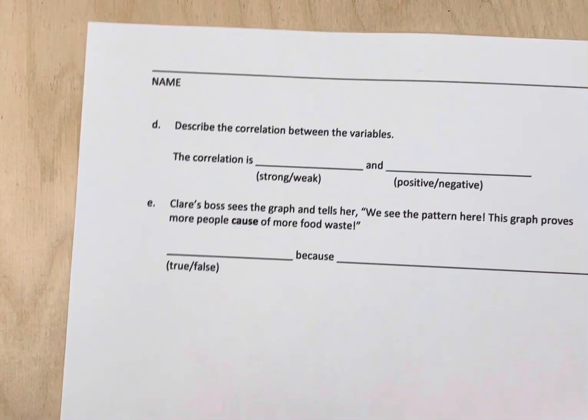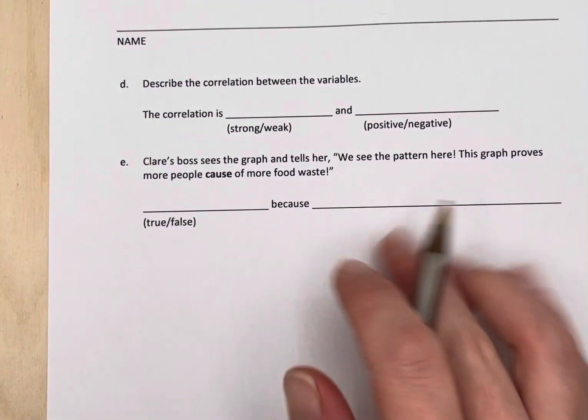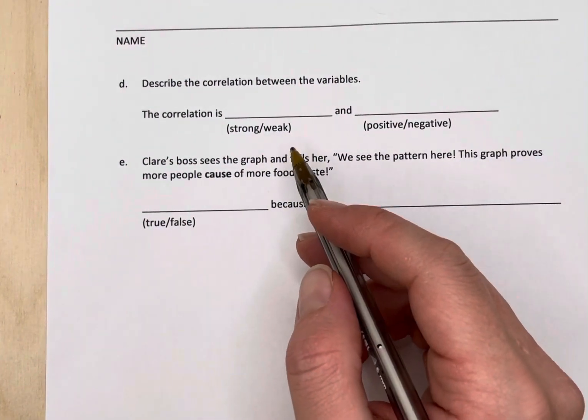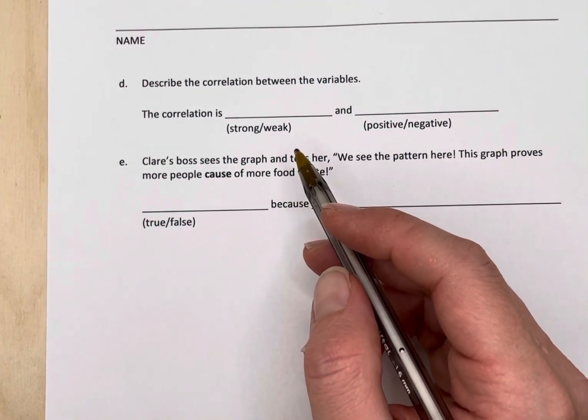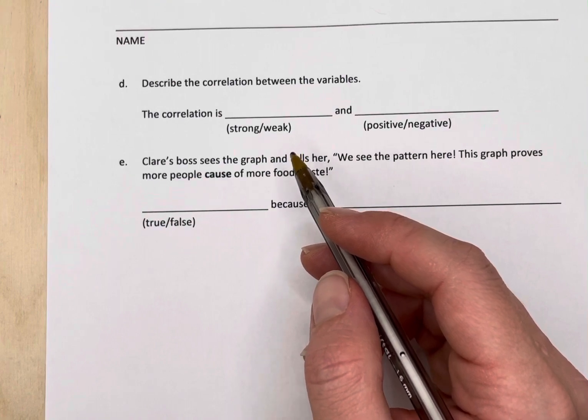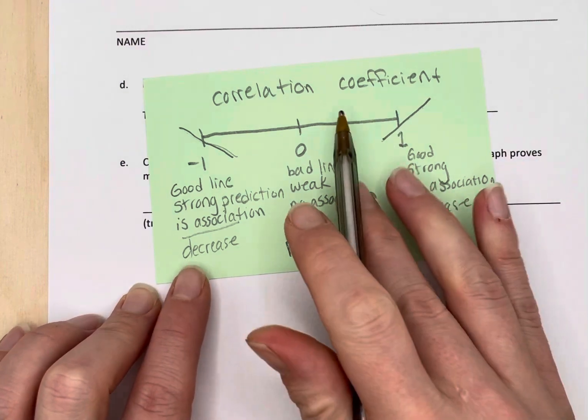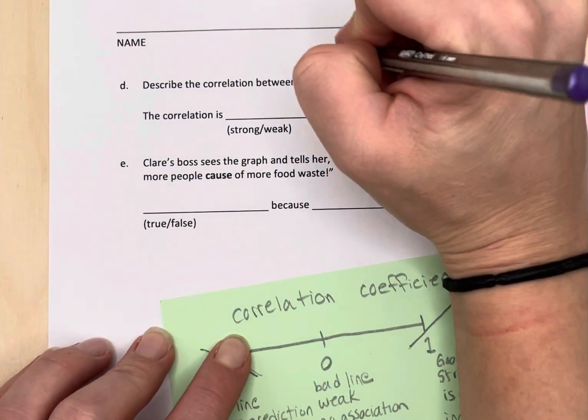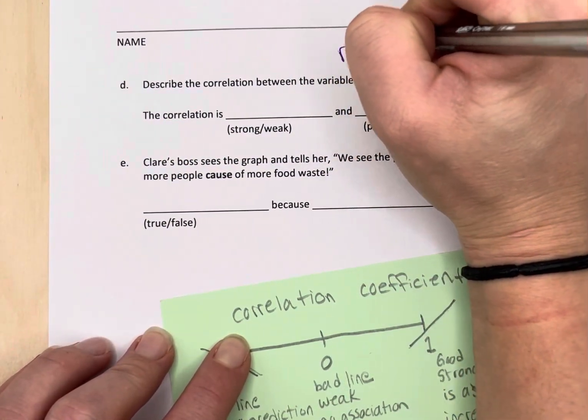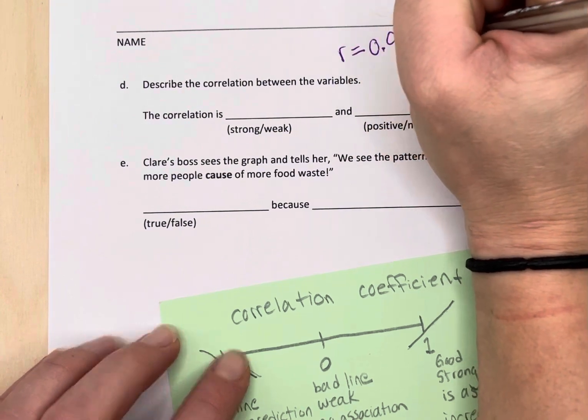For our last question here, we are going to describe the correlation. The correlation is either strong or weak, which again, we can answer by looking at the R equals value. And on our other page, we said that R was equal to 0.9292.